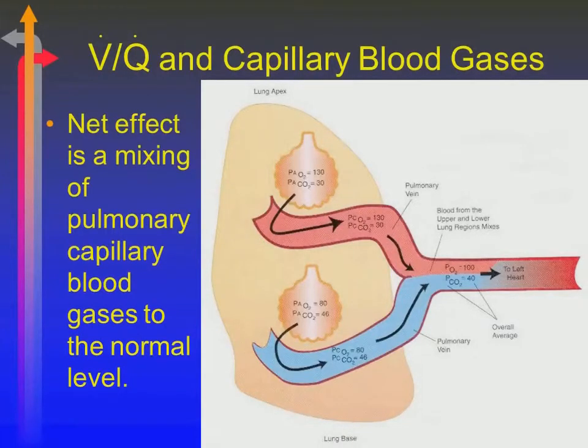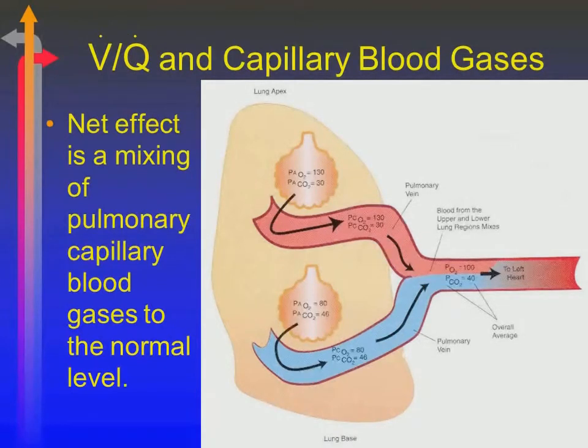Well, throughout the body, even under normal conditions, you have a little bit of both. You have some alveoli at the top that are like dead space units because they have very high oxygen levels and low CO2 levels. And at the bases we have more shunt-like units.